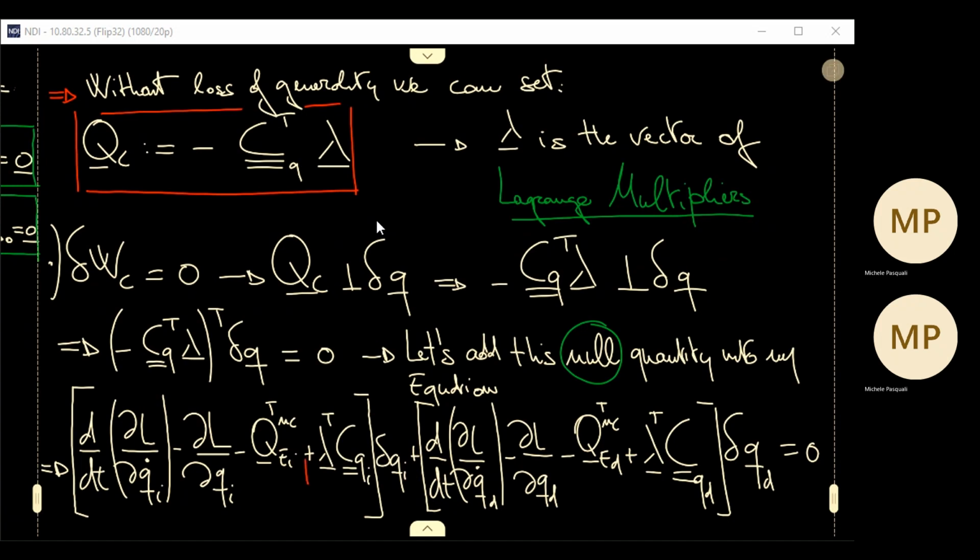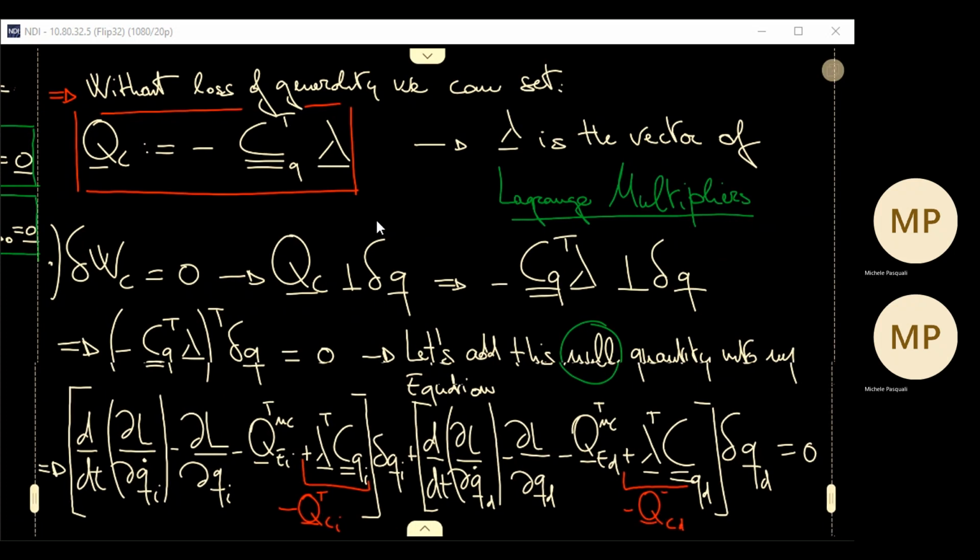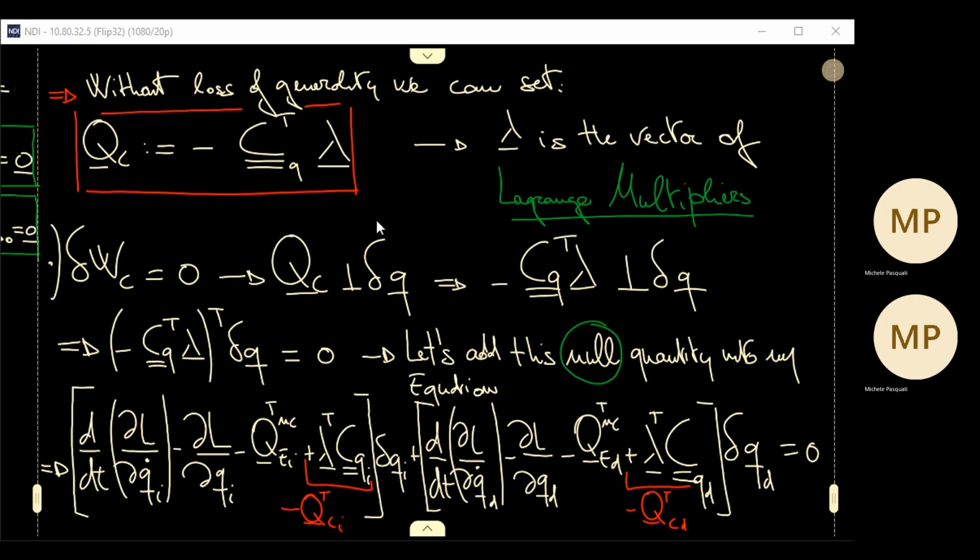So this part here is just minus QCI, and this is minus QCD. Okay.